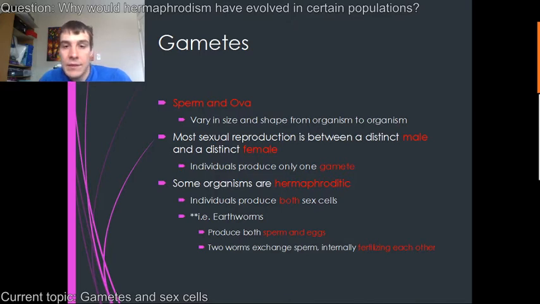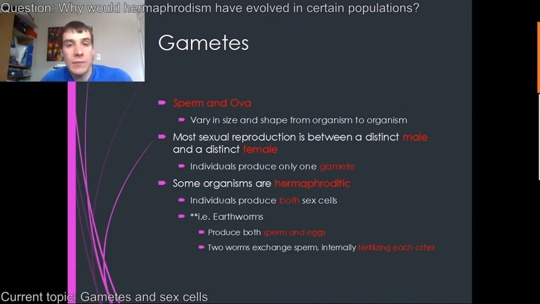The advantage, of course, is that when two organisms meet, automatically they make a breeding pair because they've got both kinds of organs. And not only that, when you have a male and a female, only one of them gets pregnant, only one of them carries the kids. When you have hermaphrodites, they can both fertilize each other.